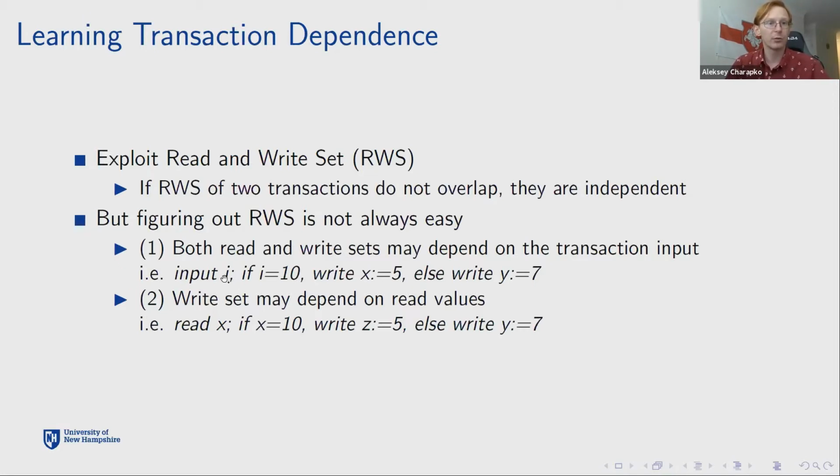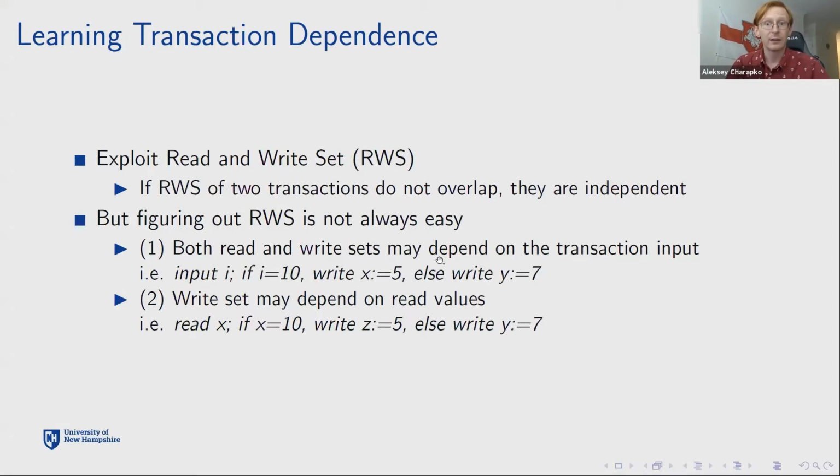The first scenario the paper outlines is when the read and write sets of a transaction depend on some input to the transaction. As an example, assume a transaction has some input I, and if I is 10, then we write X equals 5. So we write 5 to the variable X.